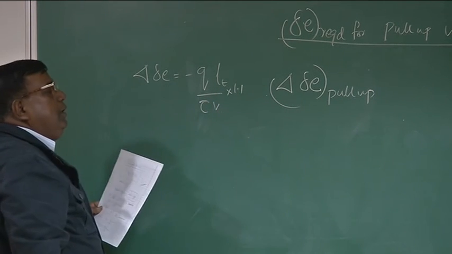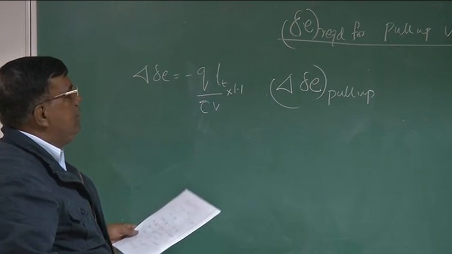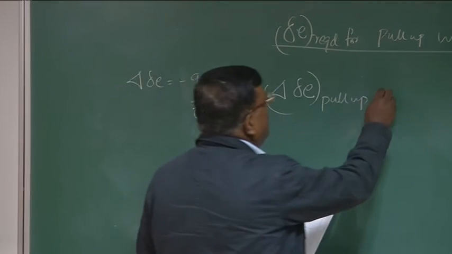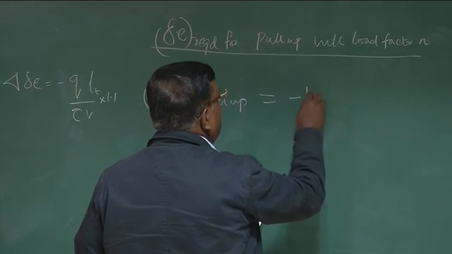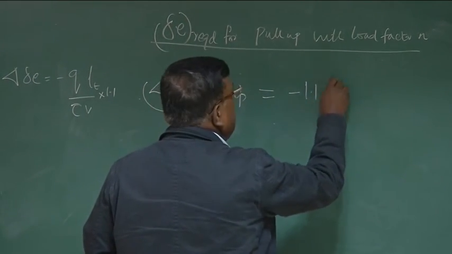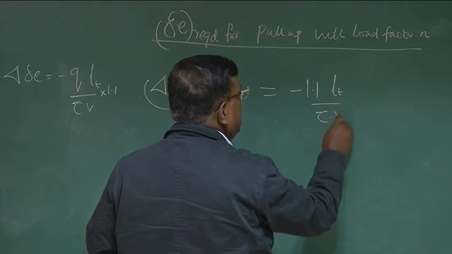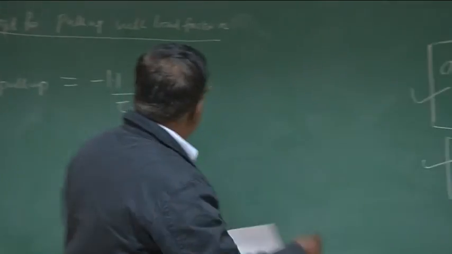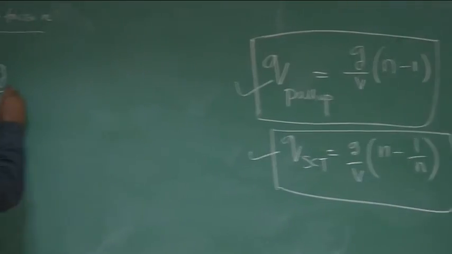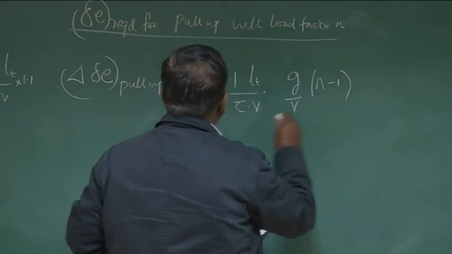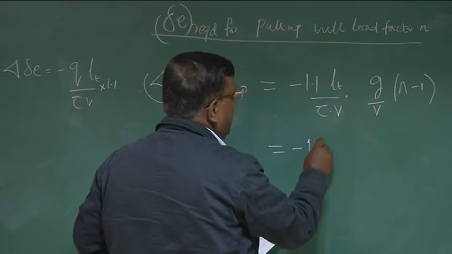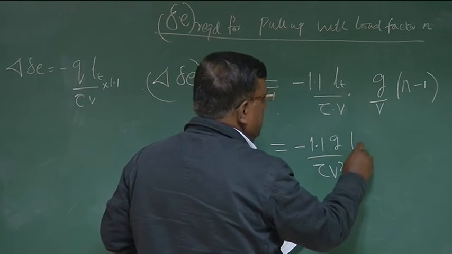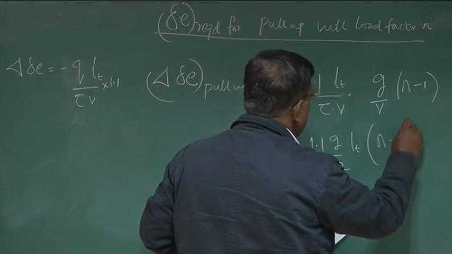We agreed to give some consideration for fuselage and wing, etc. So this equals minus 1.1 Lt by tau v, and for pull-up I will pick up the expression of q for pull-up, and that is g by v into n minus 1. So effectively it becomes minus 1.1 g by tau v square Lt into n minus 1.